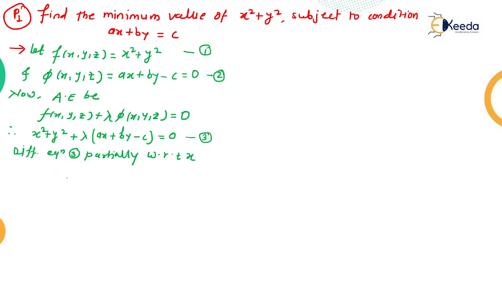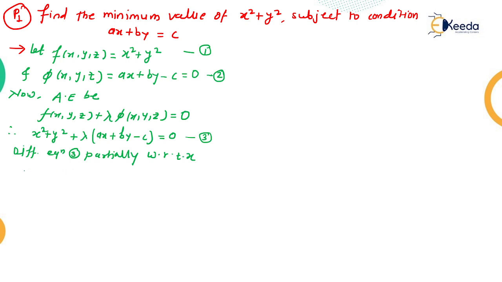If we differentiate partially, taking the other variables as constant, the other variable except x is y square. So we differentiate only with respect to x.